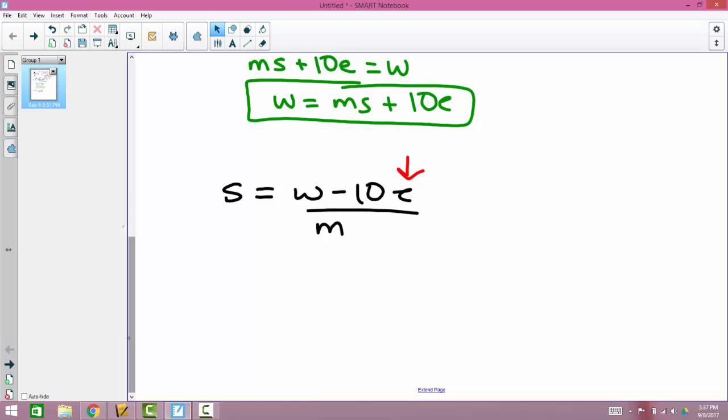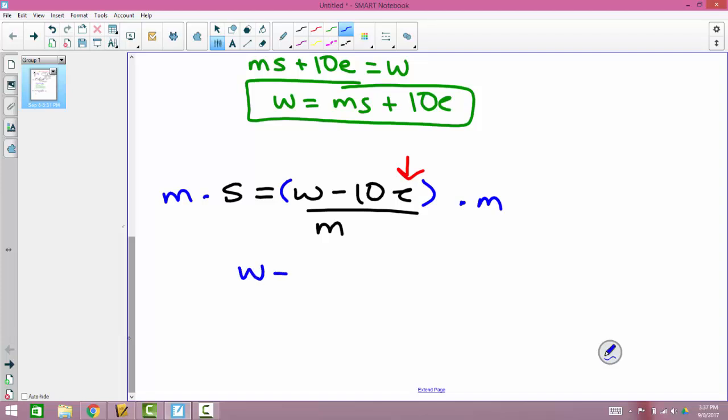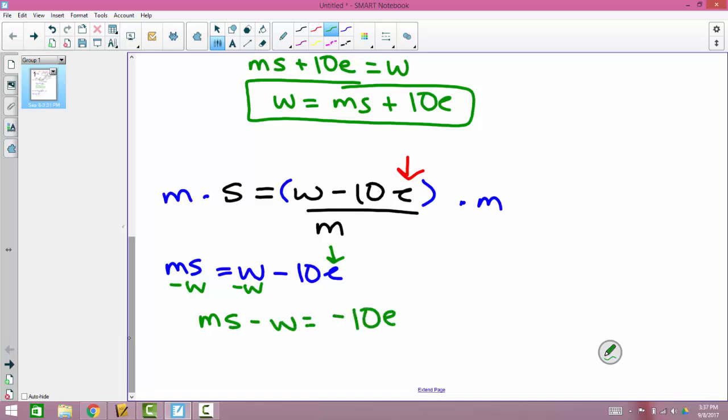Okay, so to get the E alone, again, the very first step would be to multiply by M. So W minus 10E equals MS. And if you want to get the E alone, the next step to undo is to move the W through subtraction because that's a positive W sitting right there. So MS minus W equals negative 10E. You don't want to forget that minus. You might want to slash and dash.